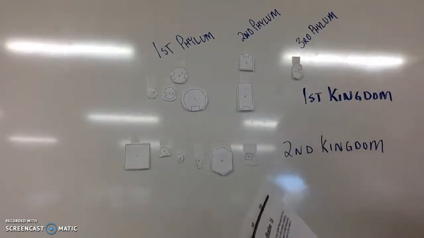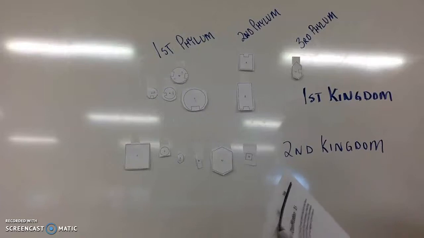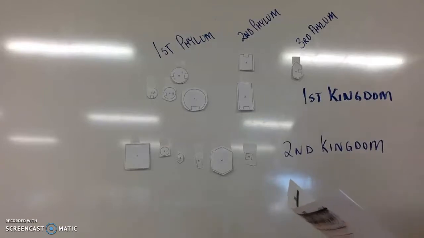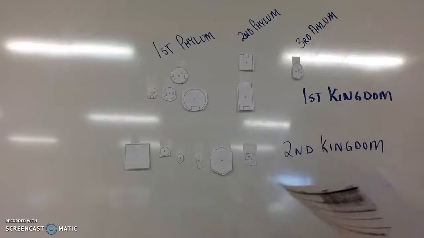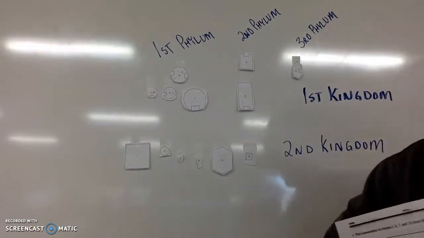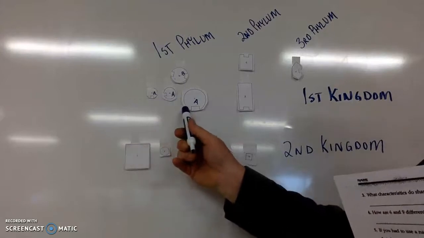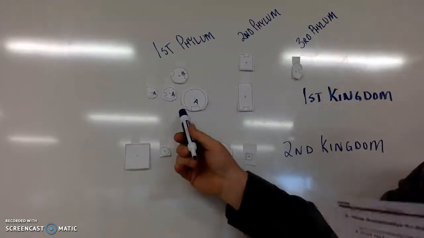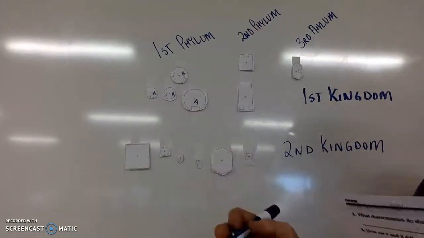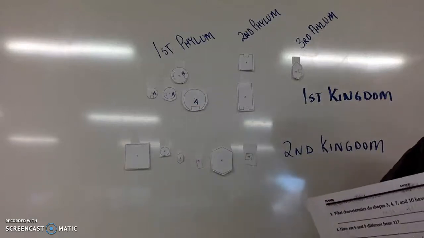Then it says the phyla may be further subdivided by writing an identification letter on each one. Each subgroup will represent a class. So on shapes 3, 4, and 7, write the letter A. And on shape 10, we have the letter B. These are classes.